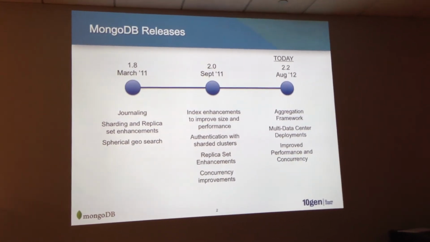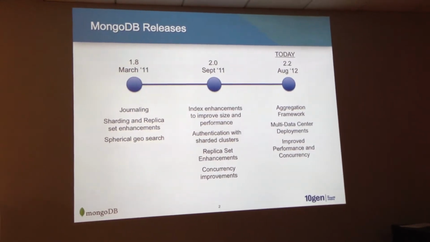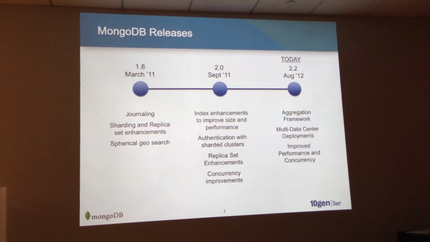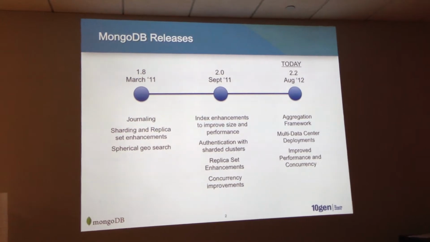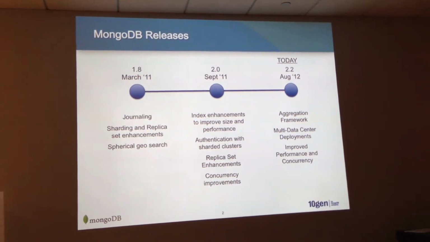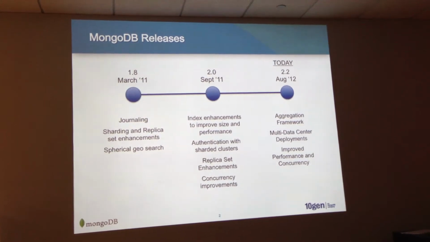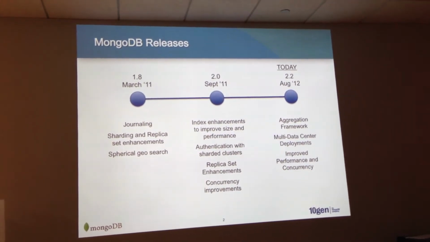The second thing it brings is durability. You know in ACID, the D in ACID is durability, which means that when your client makes a write to the database, you can get an acknowledgement saying your data is on disk. And that's not the default. It actually requires an option that's called J in the write concern.